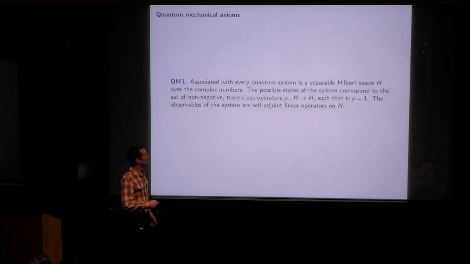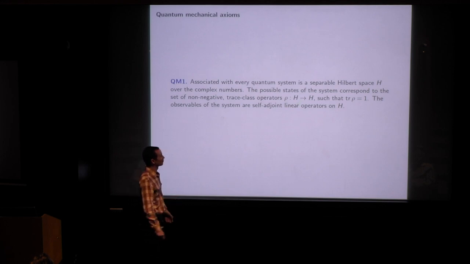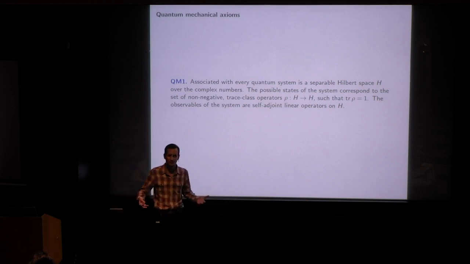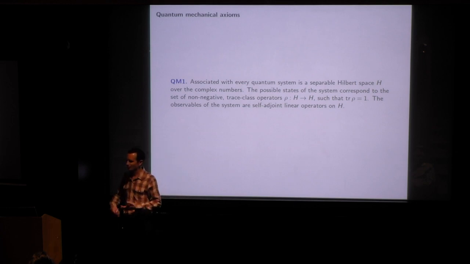But once that space is identified, then the state of a quantum mechanical system is an operator on that Hilbert space, which you can think of as some kind of non-commutative generalization of a probability measure in statistics, non-commutative because operators on Hilbert spaces are generally non-commutative objects. And it is normalized in the sense that it has unit trace.